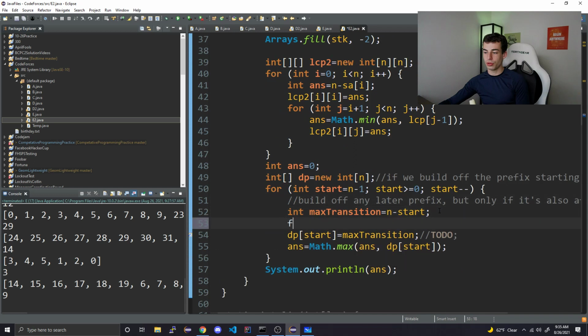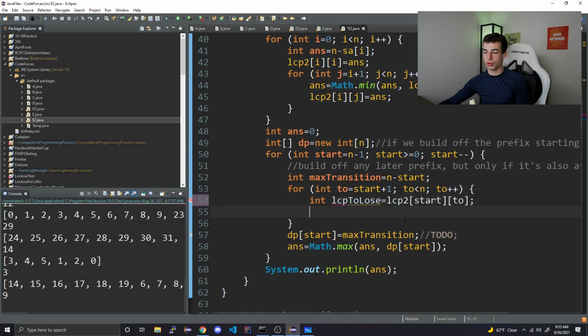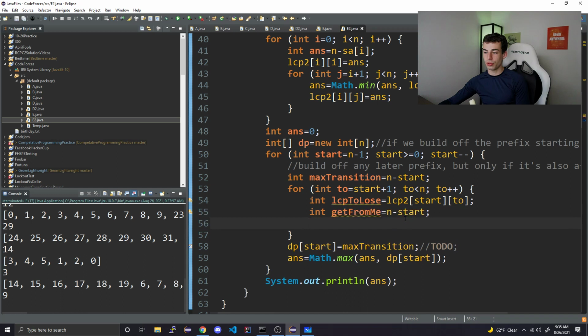Okay. So for int 2 equals start plus 1, 2 less than n, 2 plus plus. Int LCP to lose will be LCP2 from start 2. And then int get from me will be n minus start. And int get from him will be dp at 2.